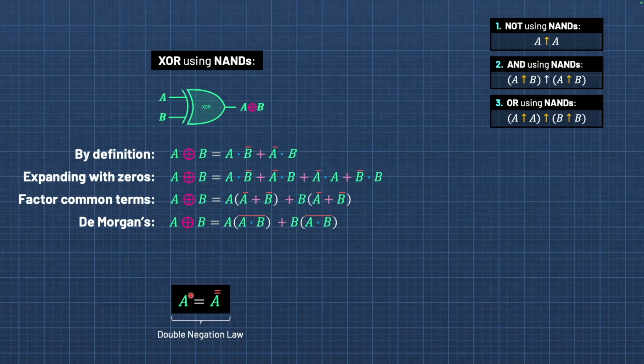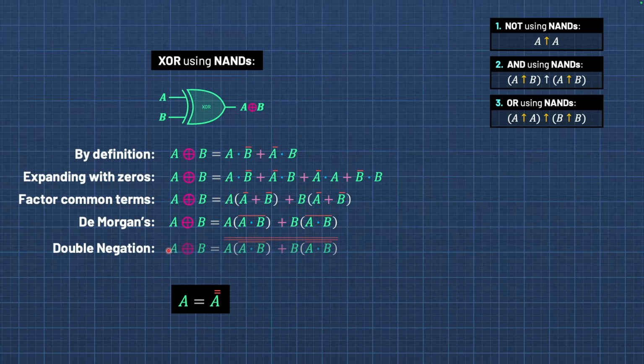So I'm going to use this double negation right here, and I'm going to double negate this whole thing. Yes, I know it sounds crazy, but I'm going to double negate this big chunk of the right-hand side. So that double negation is going to end up like this: what I had before, double negated. It sounds super crazy, but this is going to make sense because now I can start finding the NAND gates inside a lot easier.